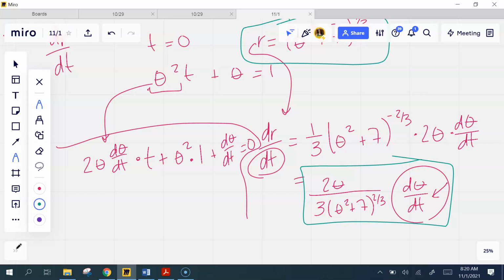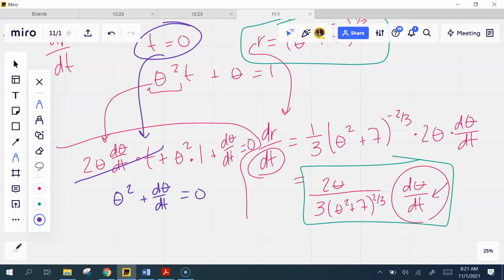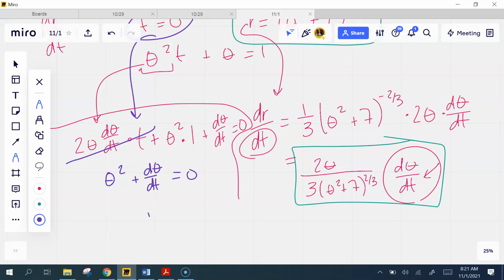All right. So if I go through this one and solve it for d theta dt, y'all with me? I'm going to plug in a 0 for t, because I've already taken the derivative. That's going to take out that whole first term, right? So now I've got theta squared plus d theta dt equals.